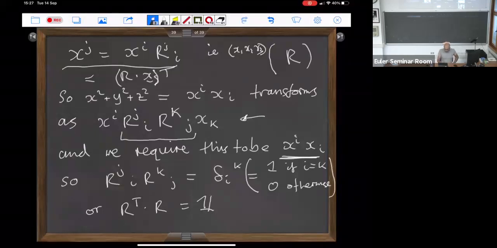And a more compact way of writing it is just R transpose dot R is equal to the identity matrix. These are the conditions that we have to solve for, and such matrices are called orthogonal matrices.